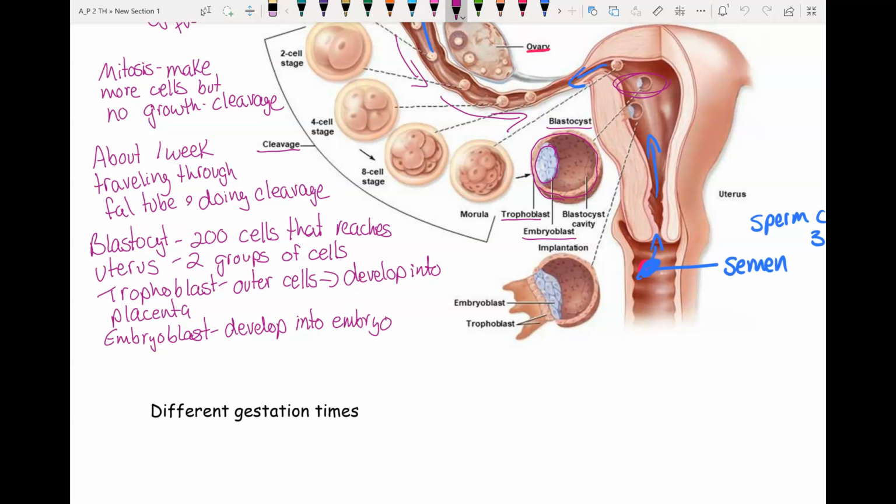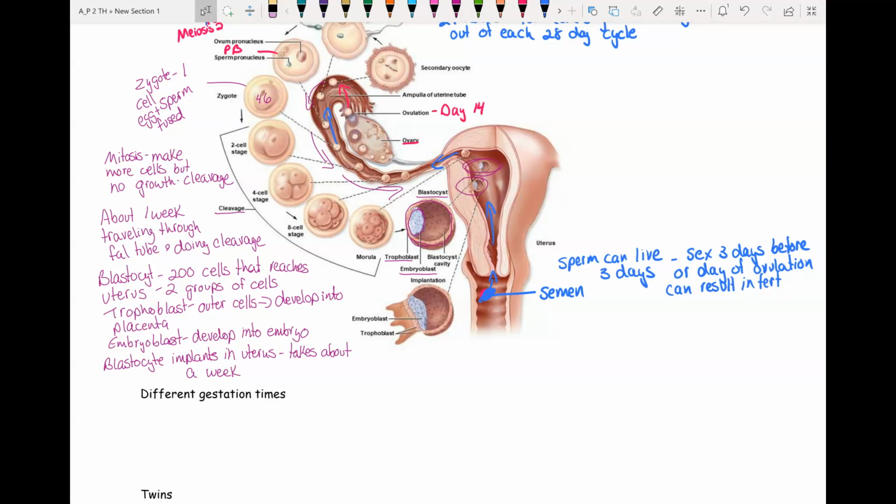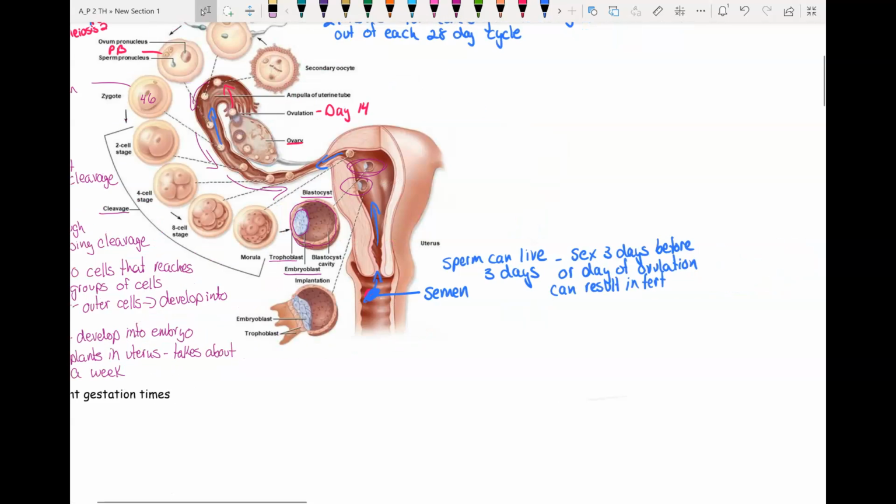Then this blastocyst, you can see here, implants in the wall of the uterus. And it takes about a week or so to get fully implanted. So we've covered 2 weeks now from the time of fertilization until you have a fully implanted blastocyst.